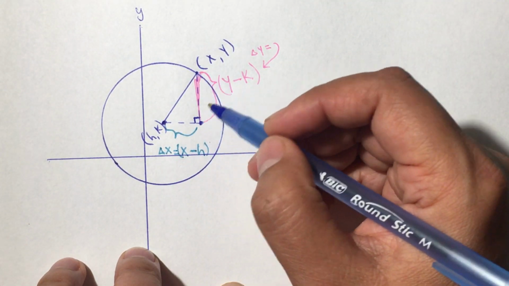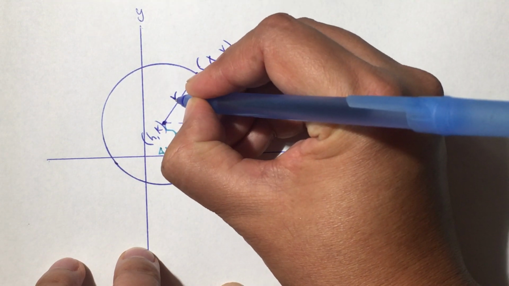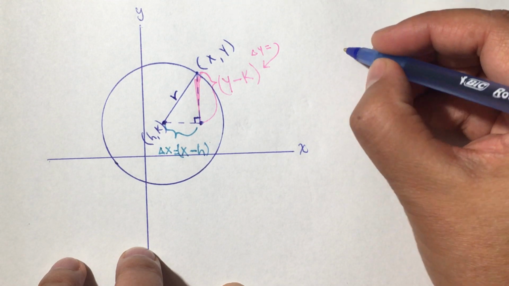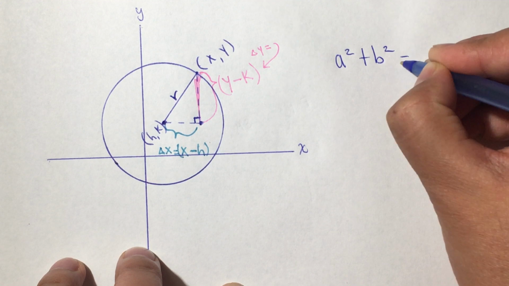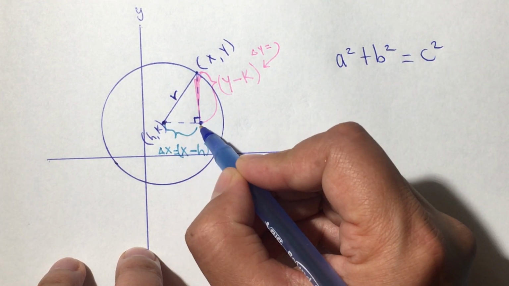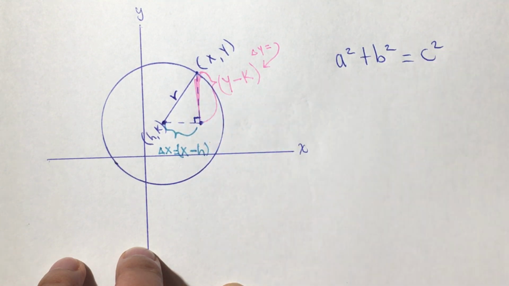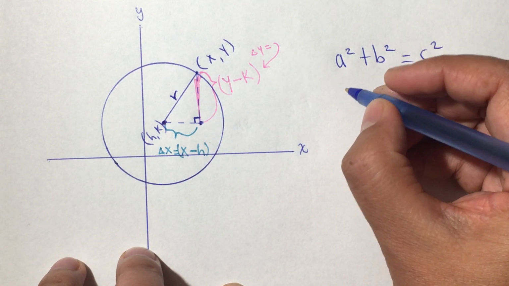Because this is a triangle, we can say that this is the radius, right? This is our radius for the circle. And so now we can apply the Pythagorean theorem, which says a squared plus b squared equals c squared. And a and b are our two legs, and c will always be the hypotenuse, which is right now our radius. So we're going to substitute.